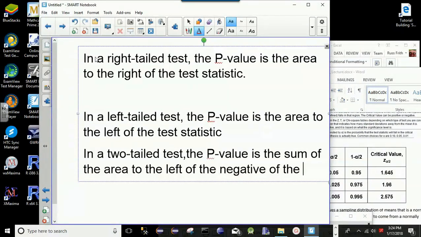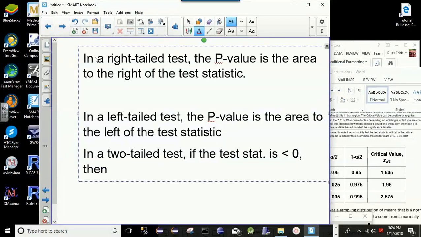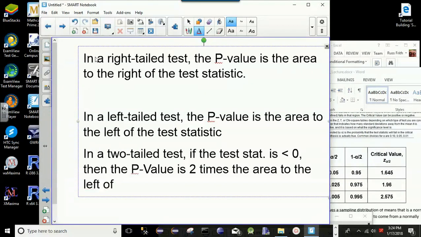Okay, so in a two-tailed test, we got a couple of things, right? If the test statistic is less than 0, then the p-value is 2 times the area to the left of the test stat.